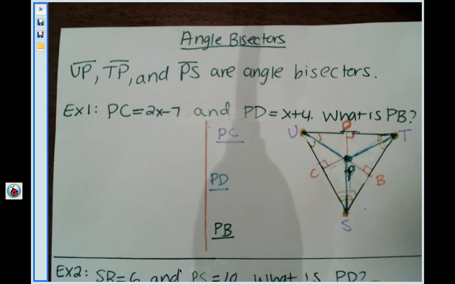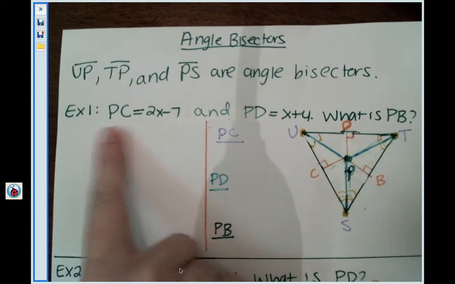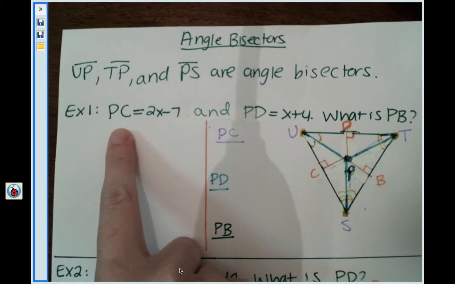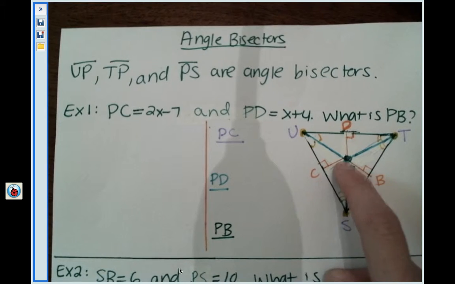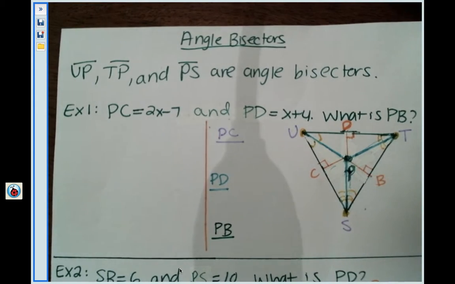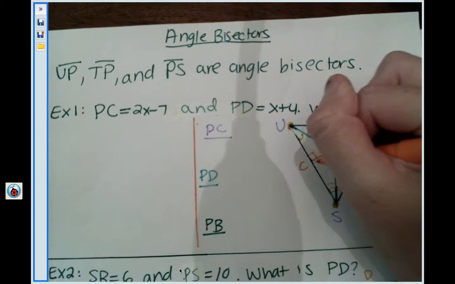Let's see. In example 1, it says PC, so the length of P to the C, this little guy right here, is 2x minus 7, which, remember, it's always helpful to label our picture in geometry. So I'm going to label that piece as 2x minus 7.